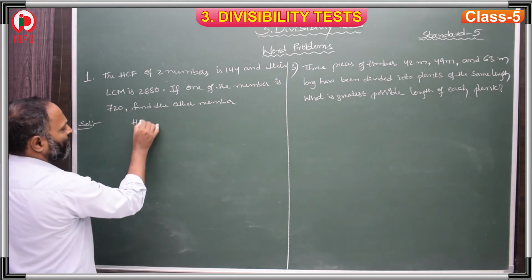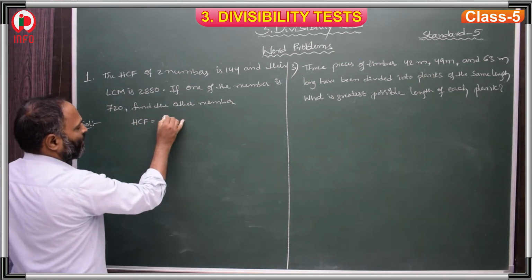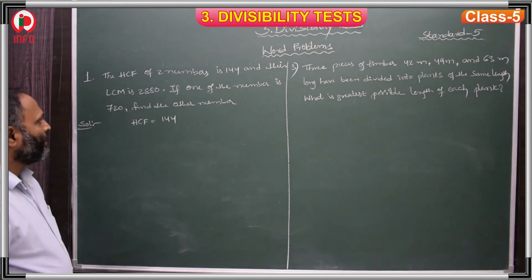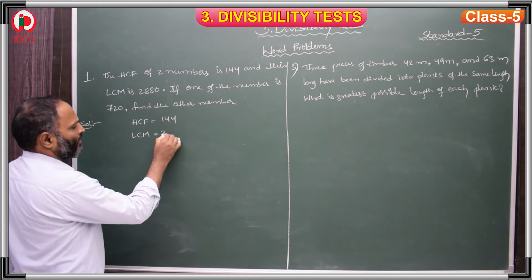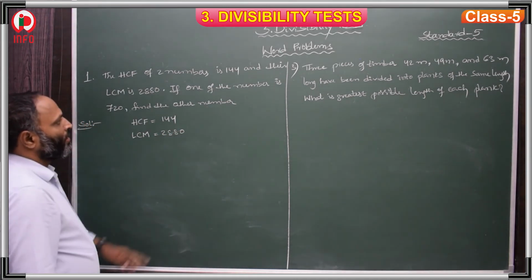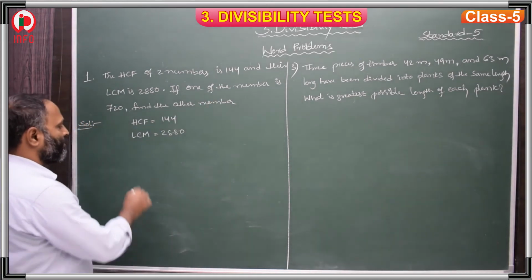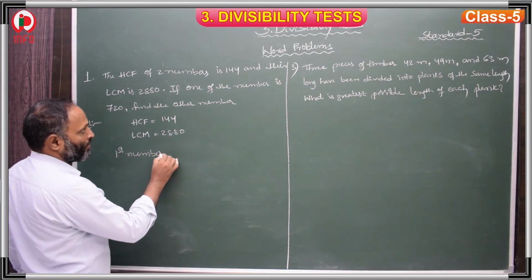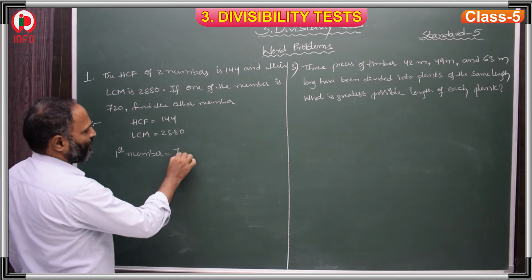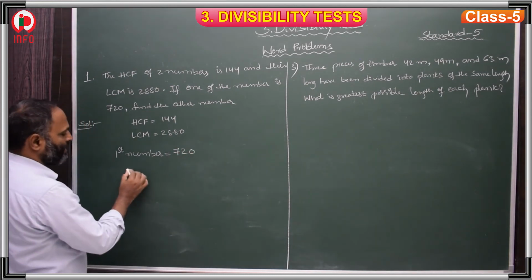The HCF is given: 144. Then the LCM is given. One of the numbers, the first number, is 720. What is the second number?